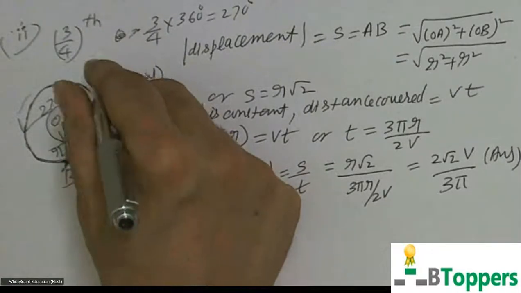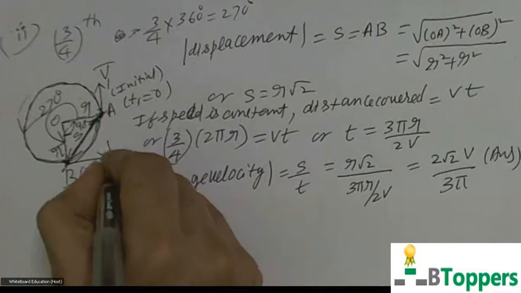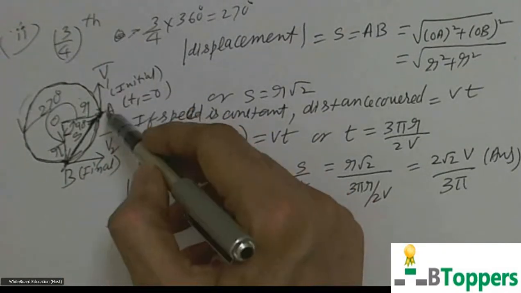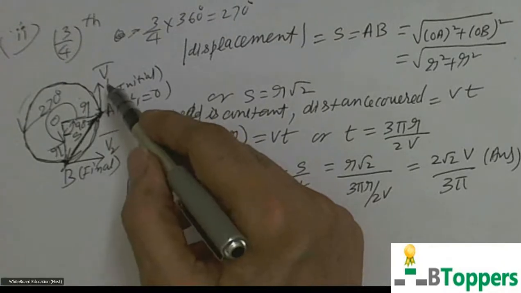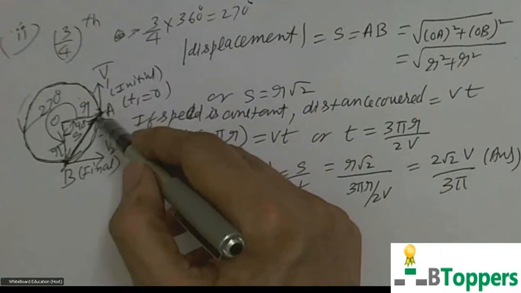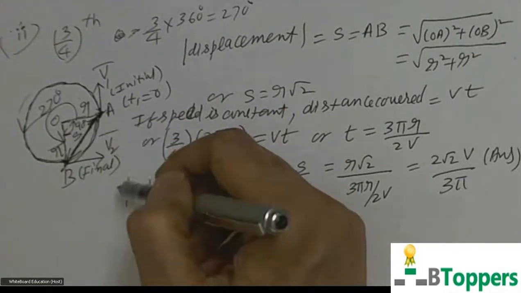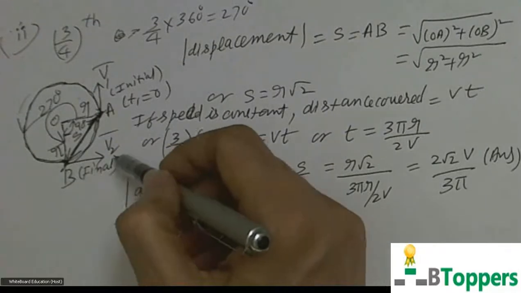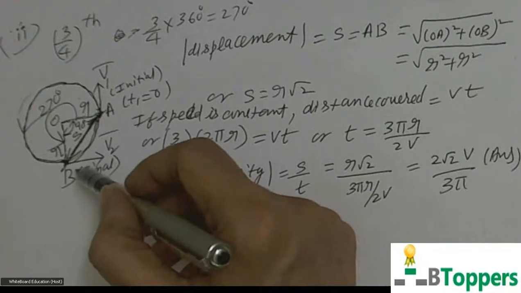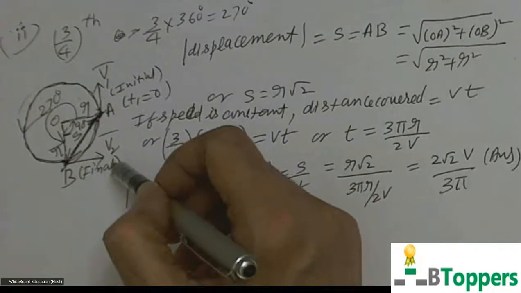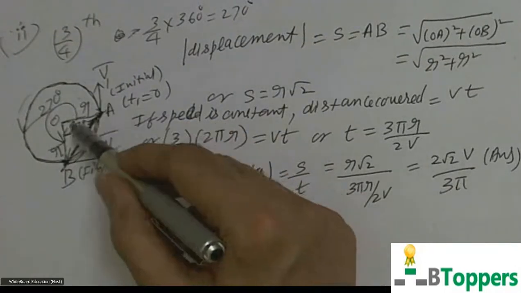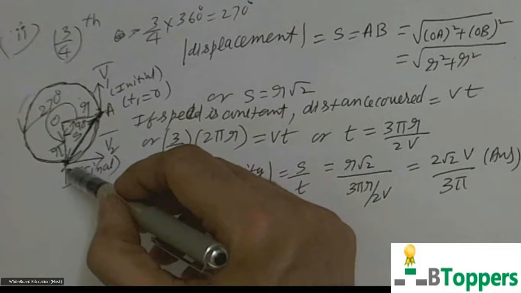The velocity of the particle at any instant will be along the tangent to the circular path at that instant. So the direction of the velocity at the point A will be along the tangent to the circle at A. So v1 bar is the initial velocity of the particle at the point A, which acts along the tangent to the circle at A, that means perpendicular to the line OA. v2 bar is the final velocity of the particle after it has completed 3/4 of a revolution, which is along the tangent to the circle at B. So v1 bar is perpendicular to OA, v2 bar is perpendicular to OB.